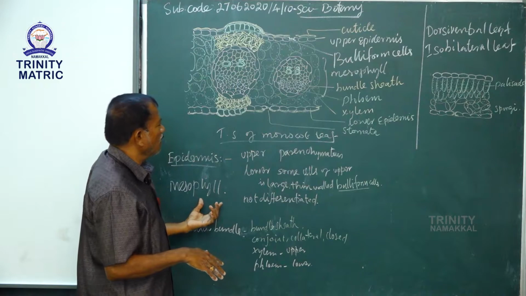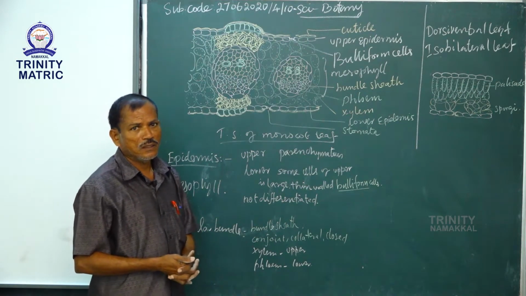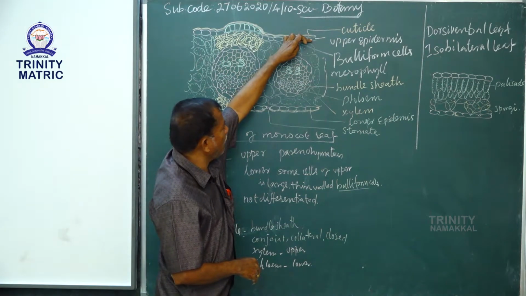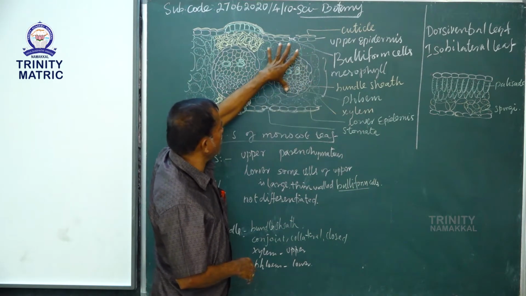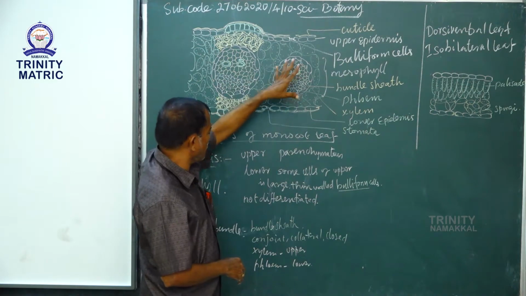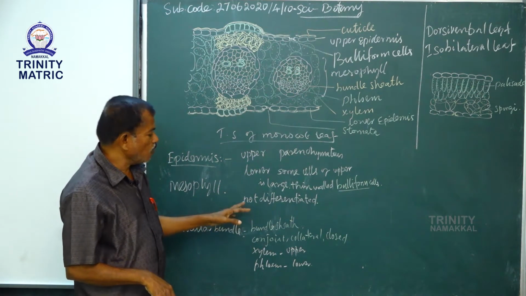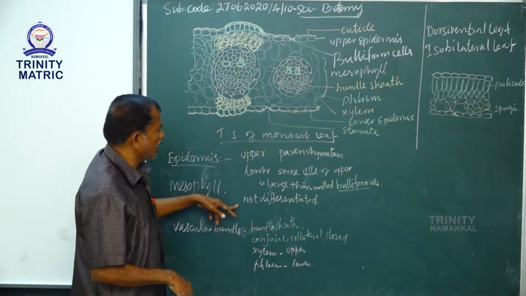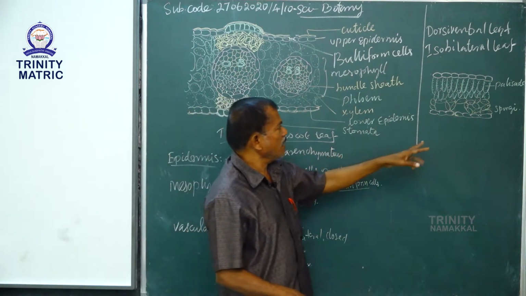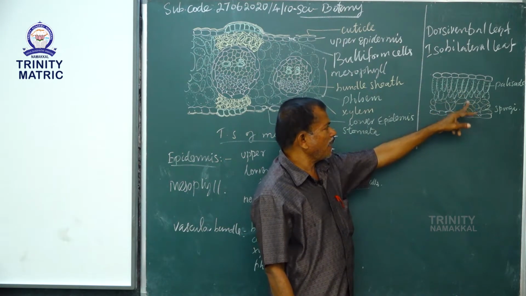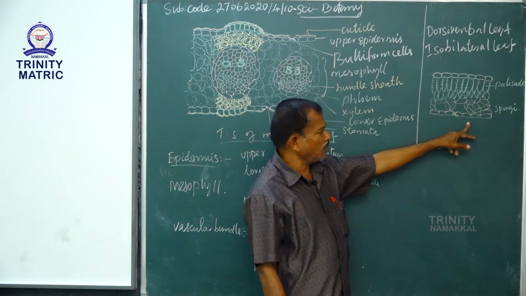Next one, mesophyll. What is a mesophyll? Mesophyll means the portion between the upper and lower epidermis. But here, the mesophyll is not differentiated. Listen here. Yesterday we saw that the mesophyll is differentiated into palisade parenchyma and spongy parenchyma.